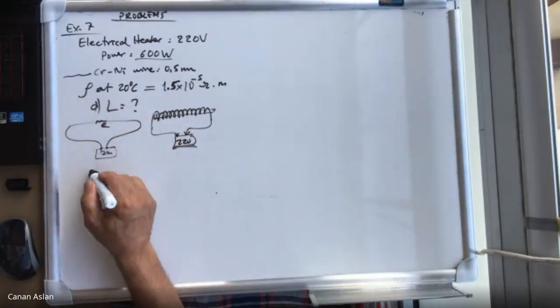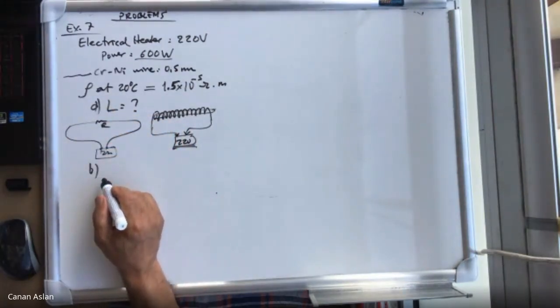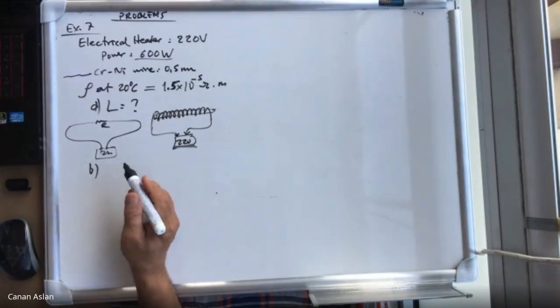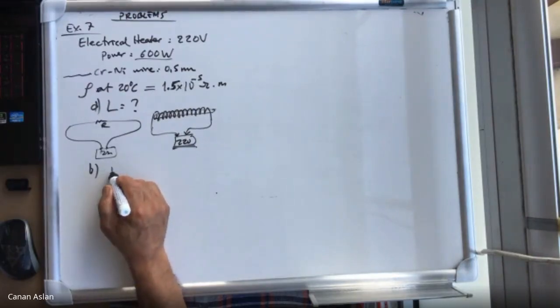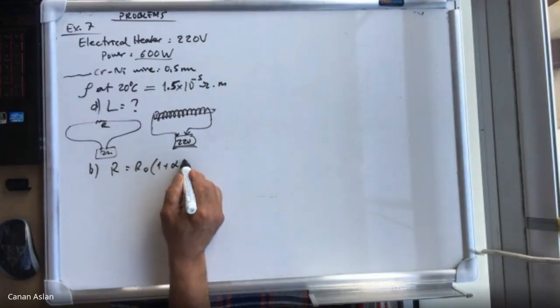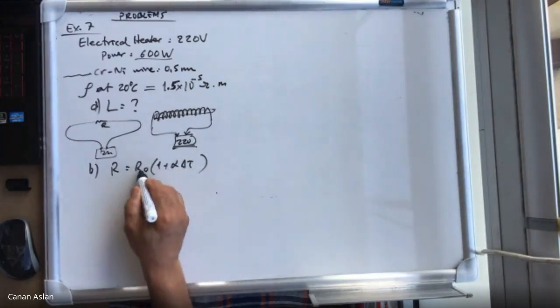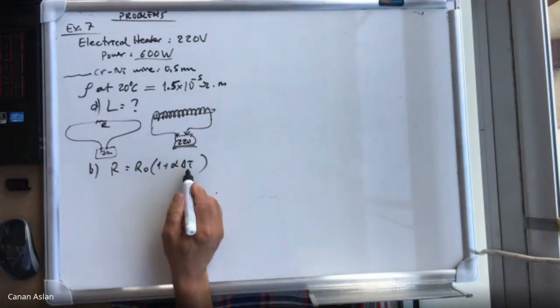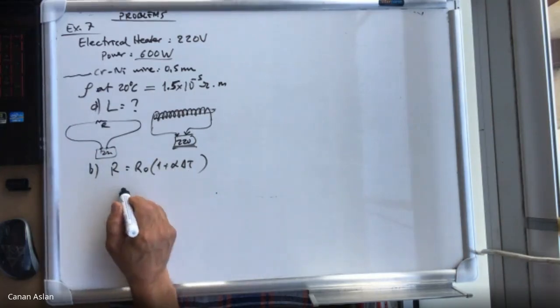In the second case, if you consider the variation of resistivity with temperature, of course it does. R equals R0 times 1 plus alpha delta T. This was the resistance changing with the temperature difference. What power will be delivered from the coil when it is heated to 1400 degrees Celsius?